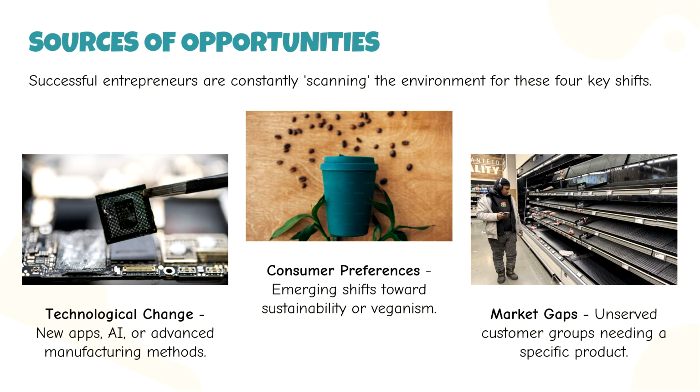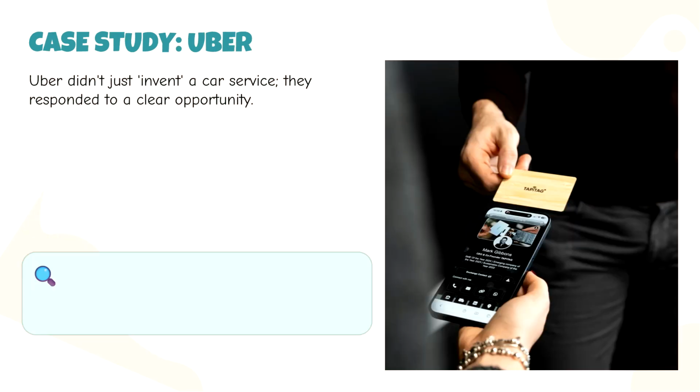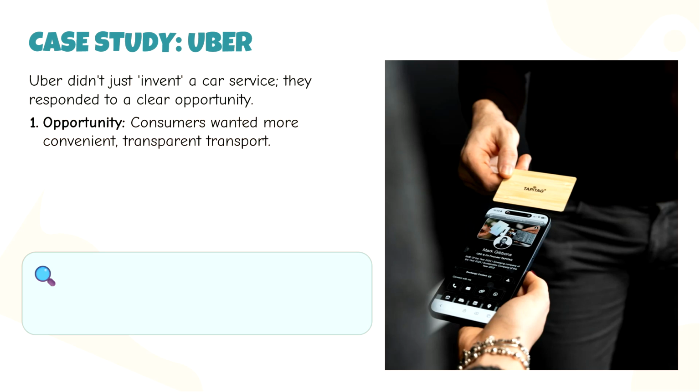Let's have a look at the case study of Uber. Uber did not just invent a car service, they responded to an opportunity. Now, what was the opportunity? The opportunity here was that customers wanted more convenient, transparent transport.